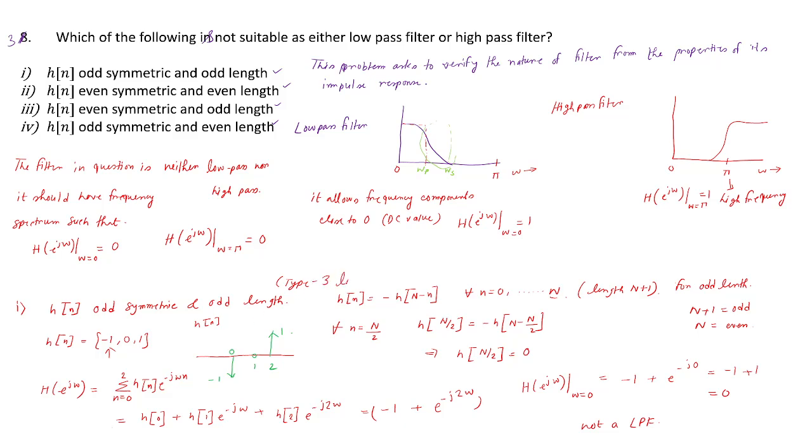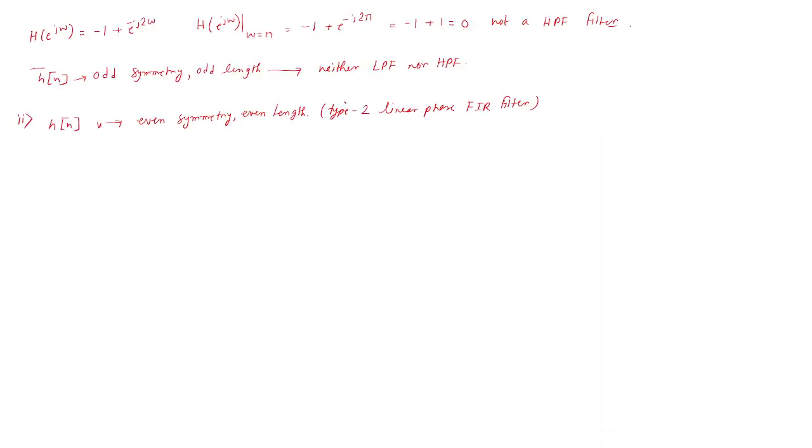Type 3 linear phase FIR filter. So this is of even length and even symmetry, so the coefficients on both ends should be equal, and we are not really concerned with these two coefficients in the middle.